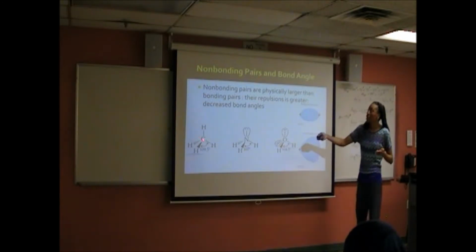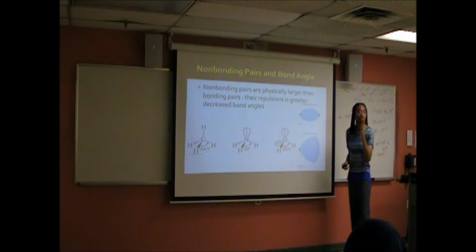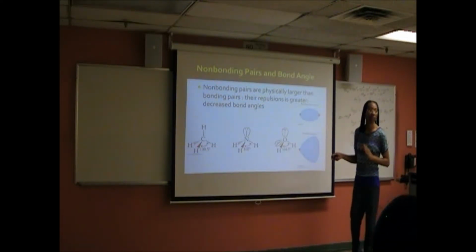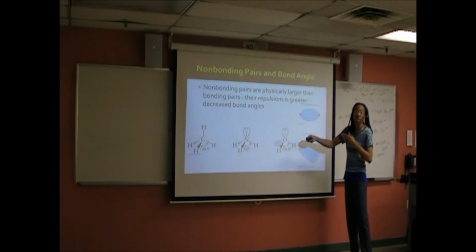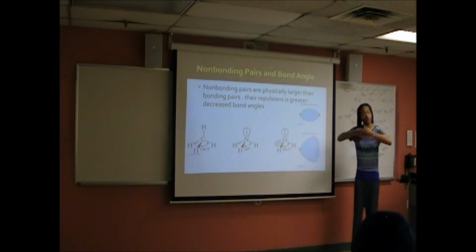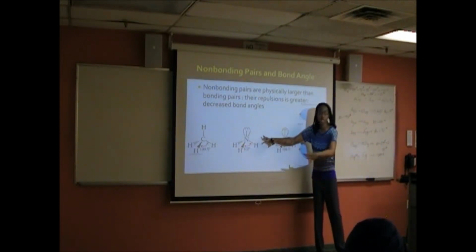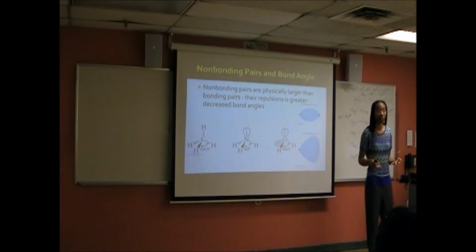So here, full on tetrahedral, 4 atoms bound around the central atom, your angle would be 109.5. If you remove one of your bonded atoms and make that into a lone pair, the lone pair is going to spread out, and therefore everyone is going to rush away from the lone pair and the angle is going to shrink.